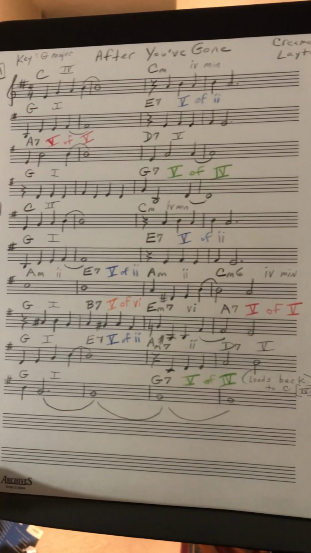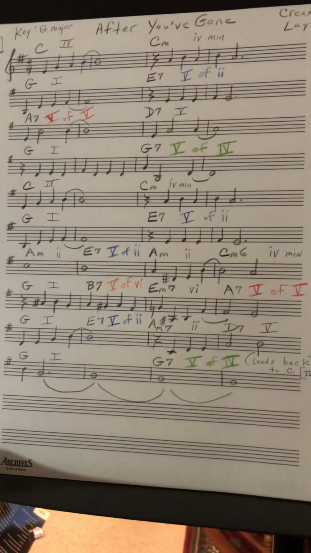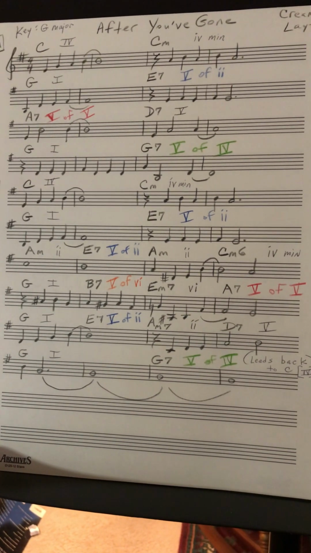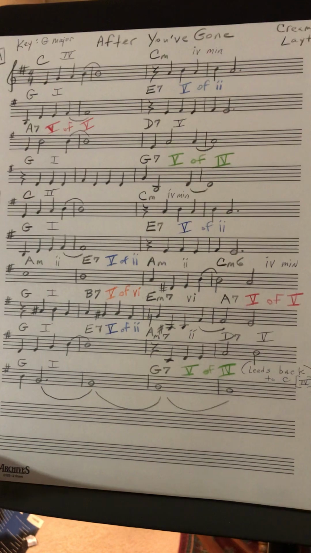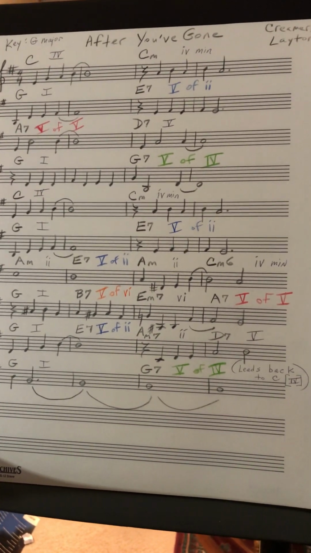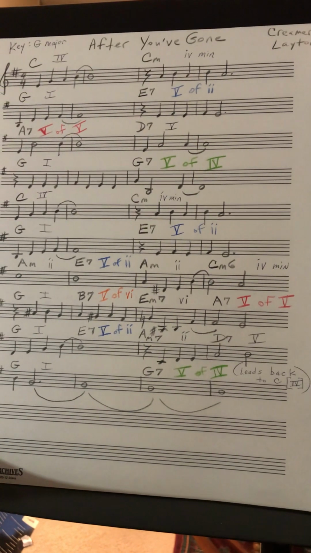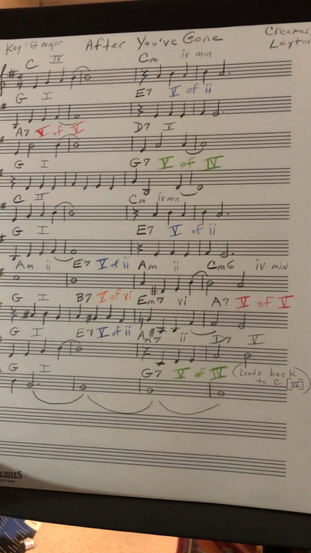Okay? Third line from the bottom, we have the G, the 1 chord, going to B7, which is the 5 of 6. Again, if we go home to our key of G major, counting up from G, E is the 6th note that you come to. So in the key of E, B7 is the 5 chord.